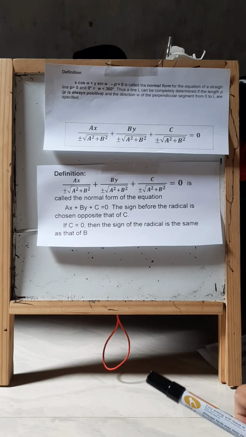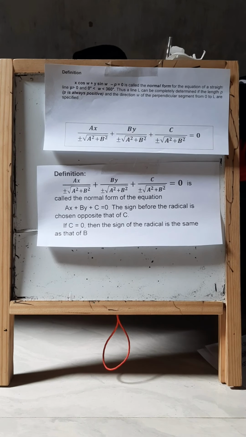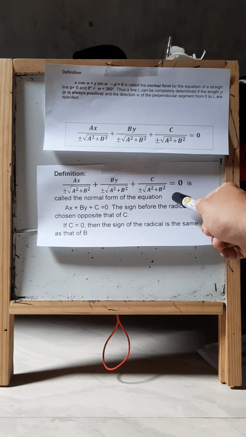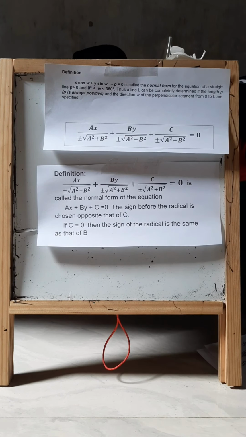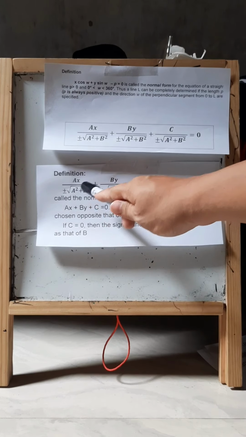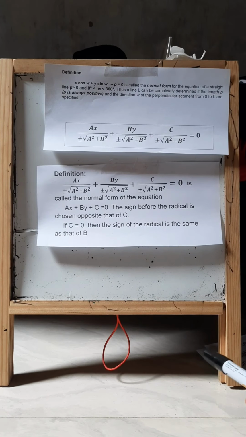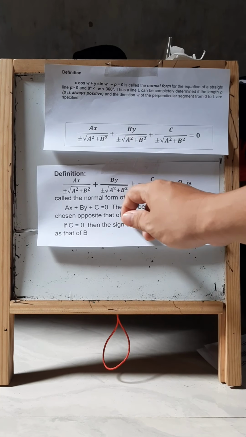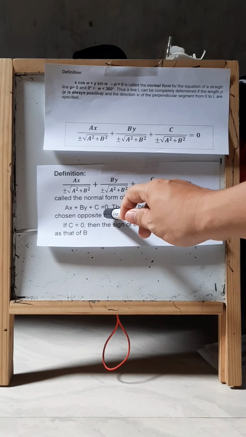So if we're trying to find the equation of a line, or we're trying to reduce an equation to its normal form, we're going to use this formula. For example, if we're asked to reduce the equation 5x plus 12y minus 26 equals 0 to normal form, then this is what we're going to use, because it's called the normal form of the equation ax plus by plus c equals 0.